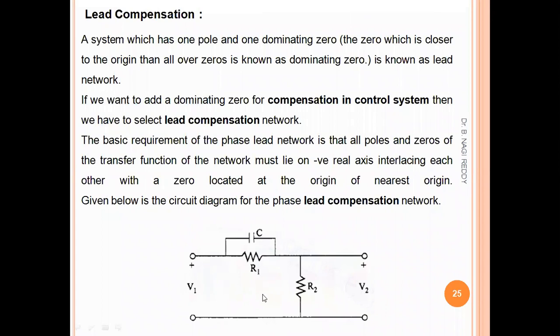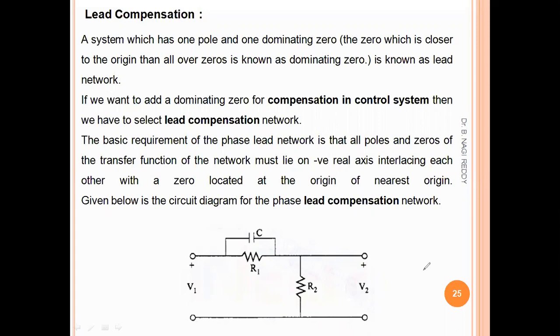For getting this transfer function, first we write the KVL or KCL equations. Here you can see the voltage V1 is the input voltage, V2 is the output voltage.